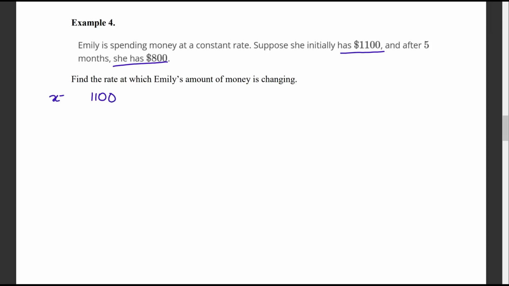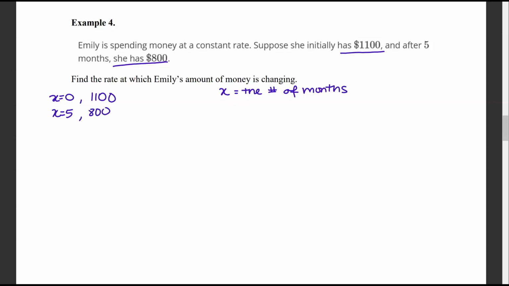This is when, for instance, x is equal to 0. We have 1,100. And then when x equals 5, we're going to say that x is the number of months. And so after 5 months, it's 800.